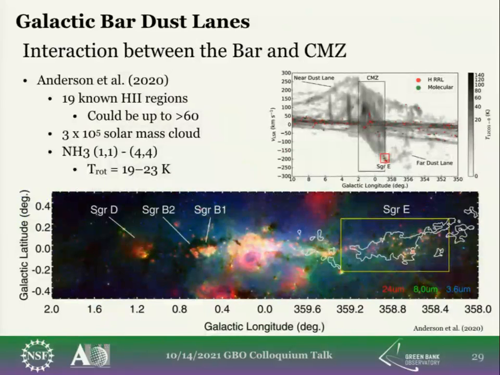Yeah, so I mean, there was the really nice image that came out from MeerKAT. I didn't end up showing it in this talk, but when you look at the MeerKAT image, which is a radio continuum image, and you're looking at maybe a degree above and below, so a little bit closer in, you do see these radio lobes that extend above and below the galactic center as well.